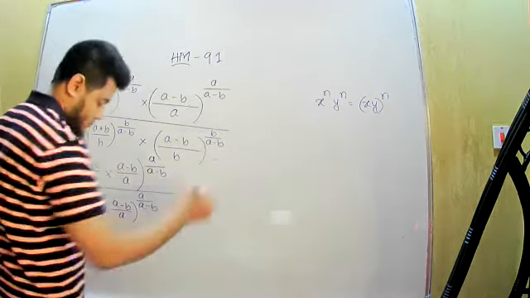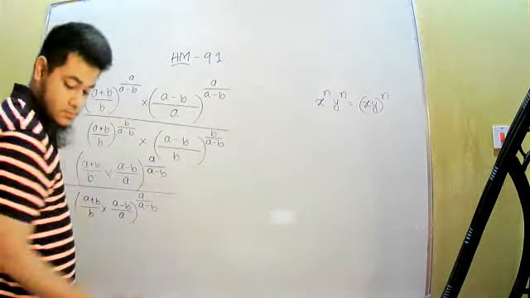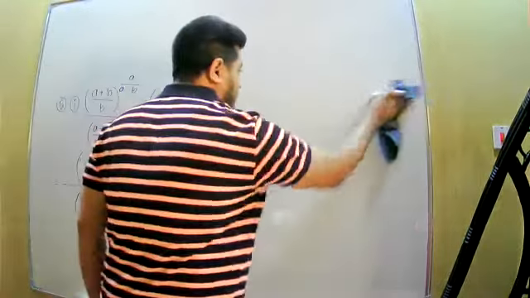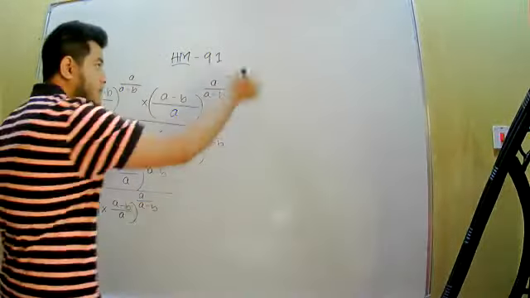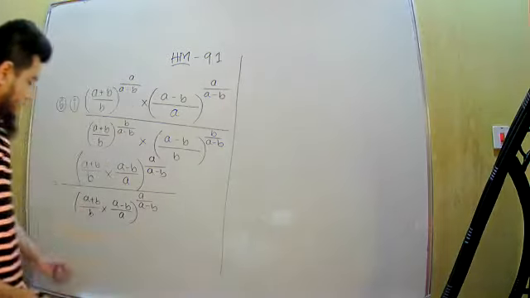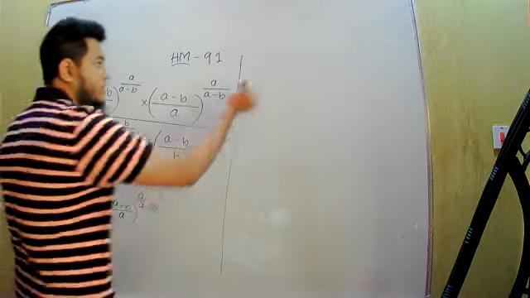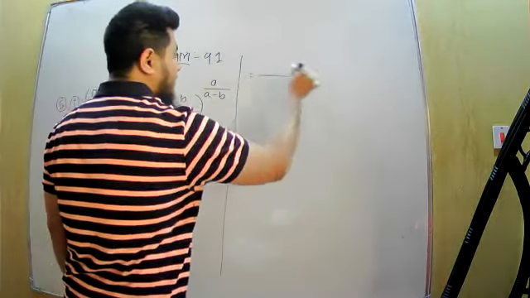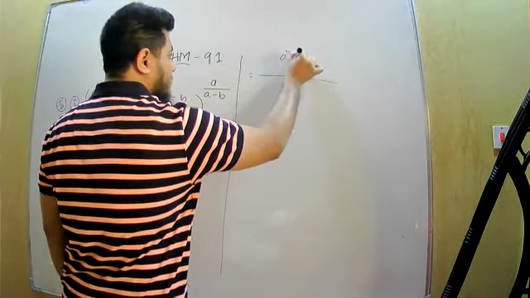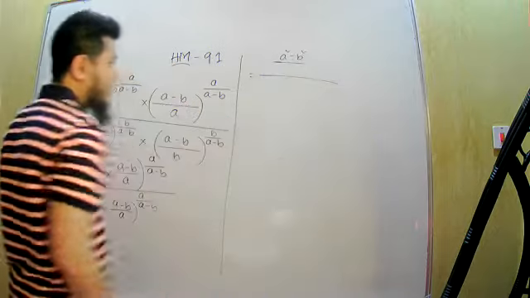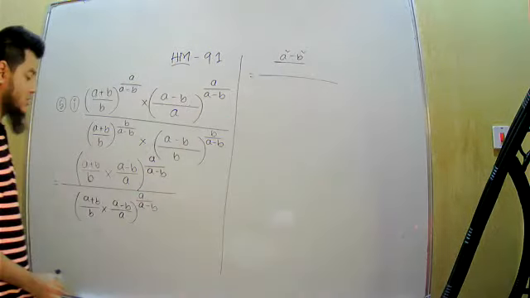Now if we just multiply these two, a plus b into a minus b, what will it become? A plus b into a minus b is equal to a square minus b square.